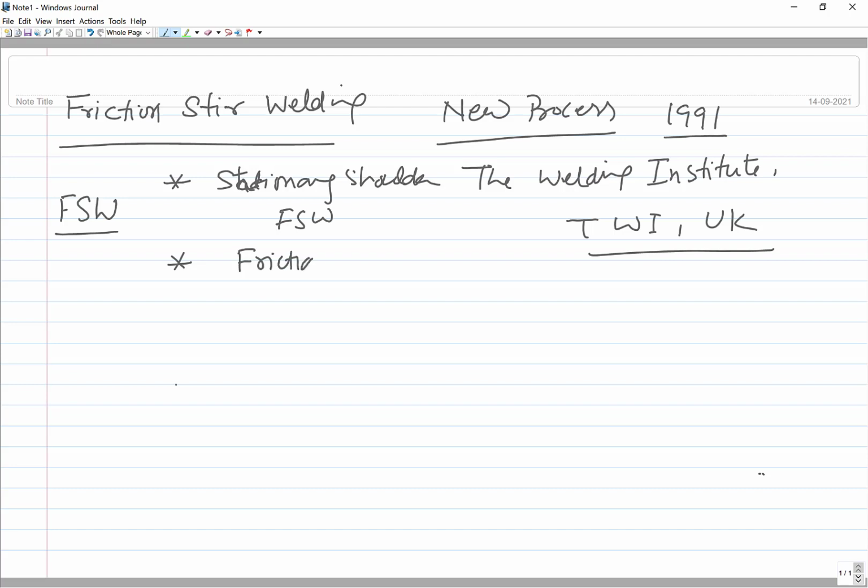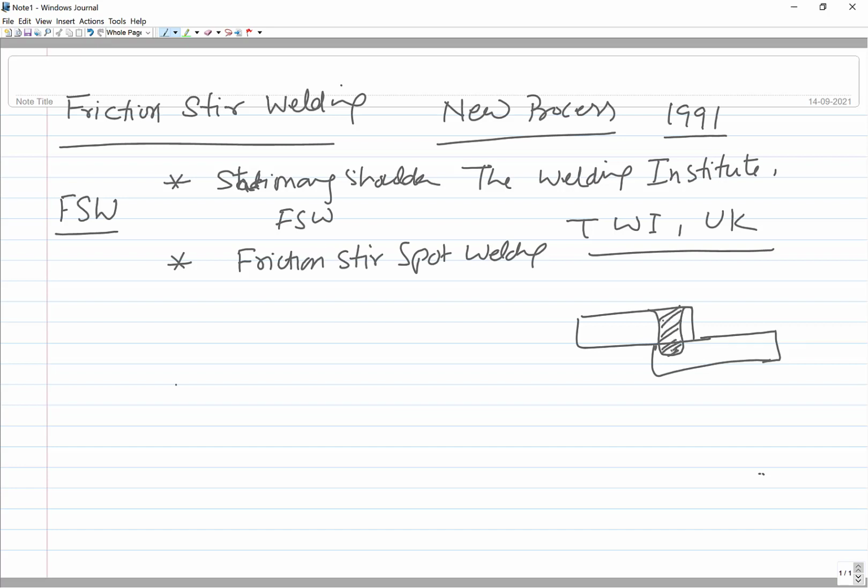Okay, there is another variant, friction stir spot welding, wherein you will see that just two sheets are being joined, say in lap joint configuration. Initially they are separate, and when friction stir spot welding is performed, you will notice that the two have formed a kind of joint like this.